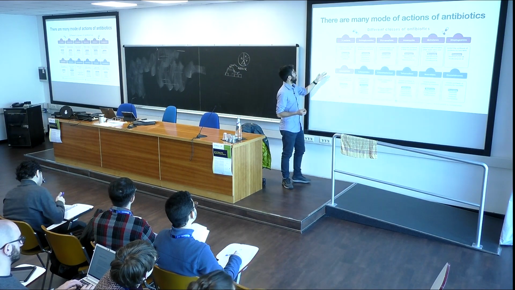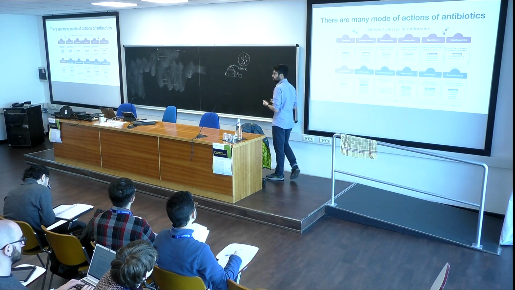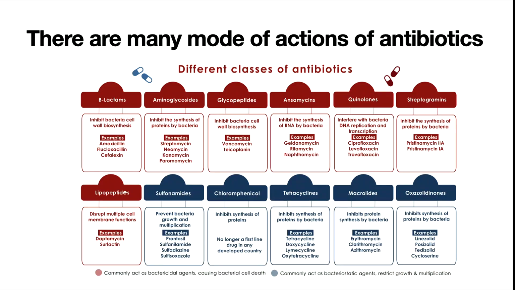For instance, there are things that make bacteria unable to build the membrane, or the cell wall, which is what is outside the bacteria. Others make bacteria unable to produce proteins, or interfere with the replication of DNA, so they are not able to replicate the DNA. Others destroy the membrane, and others inhibit the synthesis of proteins by doing something to ribosomes.